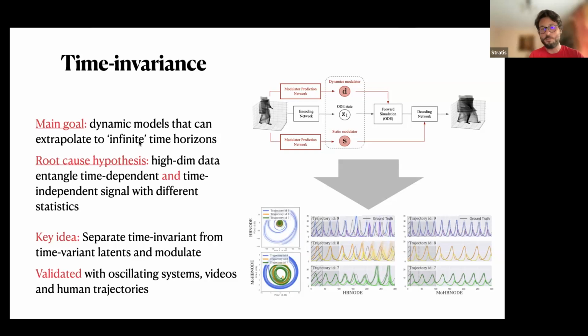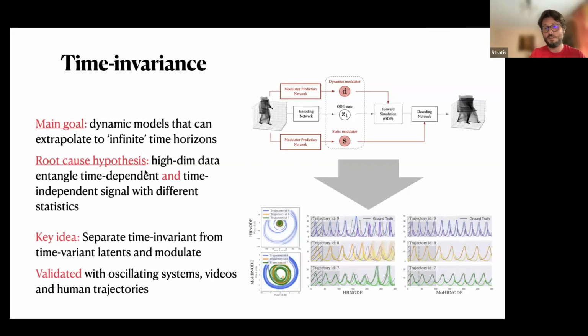If you cannot extrapolate, there is not much point. Not that there is not much point, but it would still be a very limited model, because at least theoretically you could build a static model to do the task as well. So the main goal is to have dynamic models that can extrapolate to infinite, in quotes, time horizons, or at least much longer than what has been seen during training.